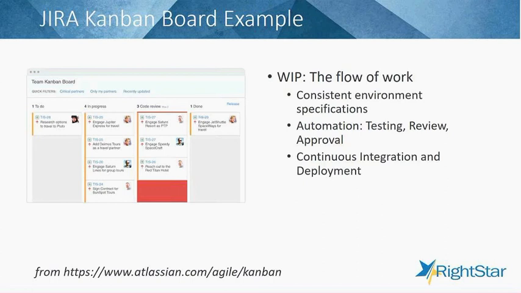Since you're breaking them down into small requirements as opposed to a very large requirements document, those small requirements may be called user stories. That's a term from the Agile framework. Since you're breaking these tasks down into such small pieces, it allows for more continuous integration and deployment.